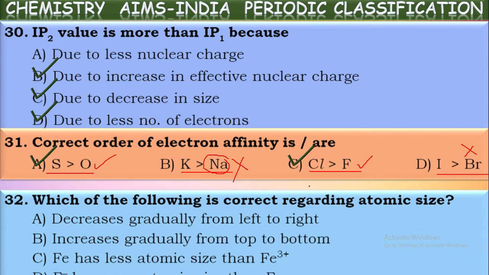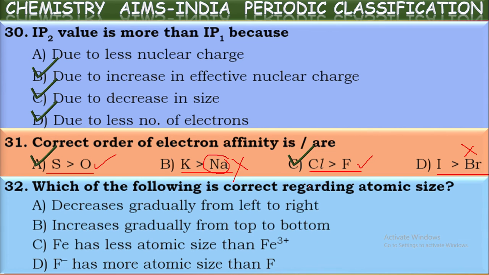Okay. Next one. Which of the following is correct regarding atomic size? So let us say in common, what happens to the atomic radius or atomic size in the groups and periods? We know in a period from left to right, atomic size gradually decreases. And in case of a group, from top to bottom, atomic radius or atomic size increases.